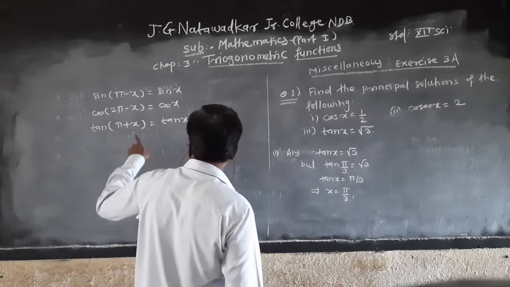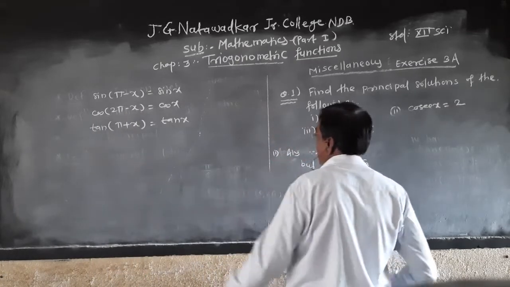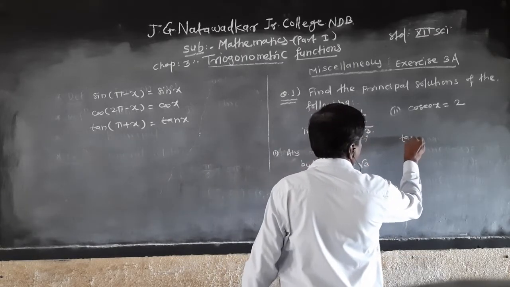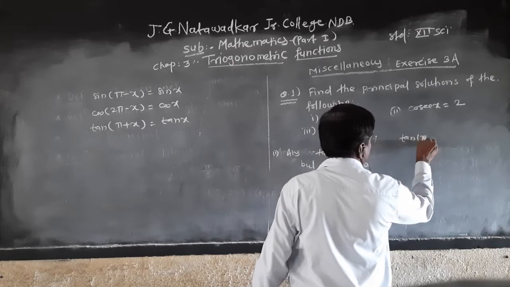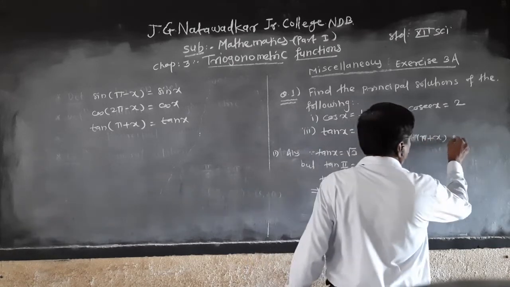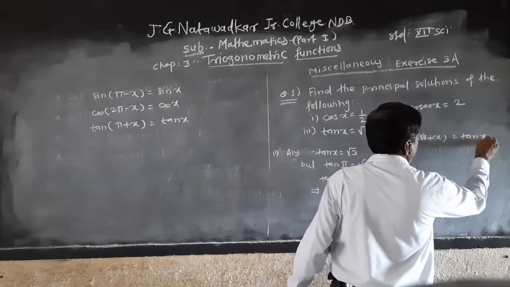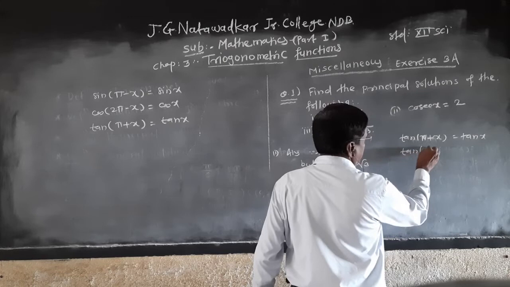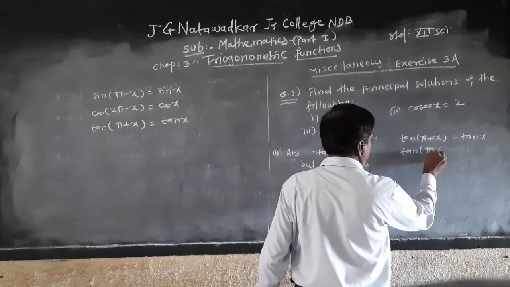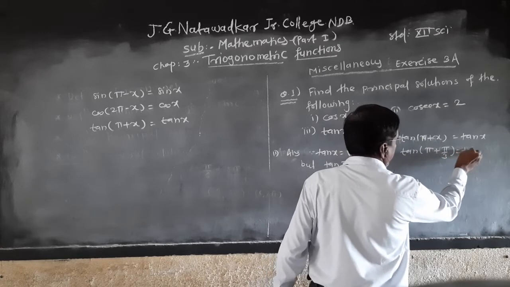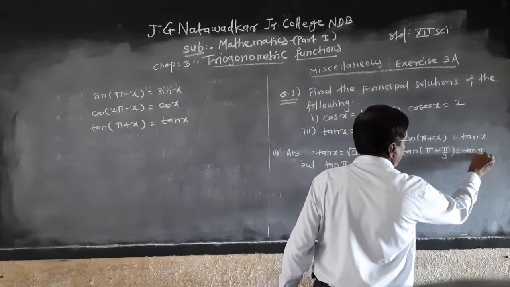But again, you know the other angle, the positive value of the other angle for tan: we have tan of pi plus x, because the third quadrant, is equal to tan x. Therefore put here x is equal to pi by 3. So that's how we get tan of pi plus pi by 3 is equal to tan of pi by 3.